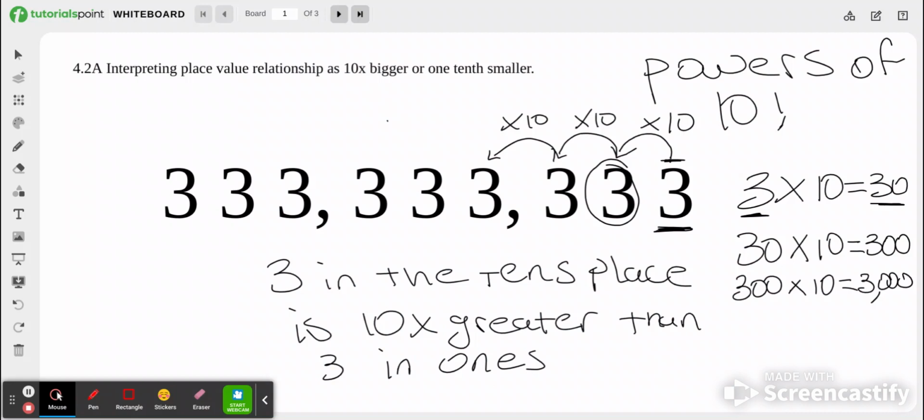So if we're going 10 times greater is one position to the left, pause the video really quick. What do you think is going to happen if we go to the right?